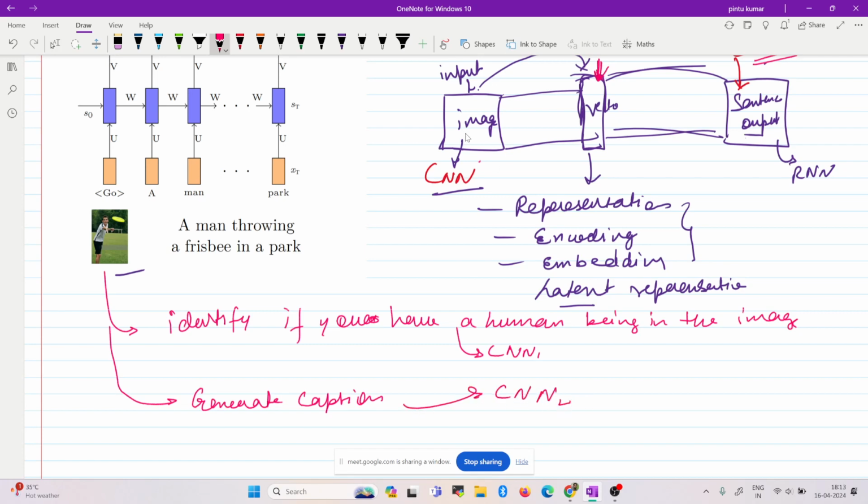Although what I said is that using the CNN we are trying to store some information in the form of a vector, the CNN that you will obtain in case of the first task and the CNN that you will obtain in case of the second task need not be the same. Actually, they won't be the same, if you look carefully. What do I mean by the CNNs not being the same? The weights that they will learn will be different, and hence the intermediate representation that they would be learning would also be different.